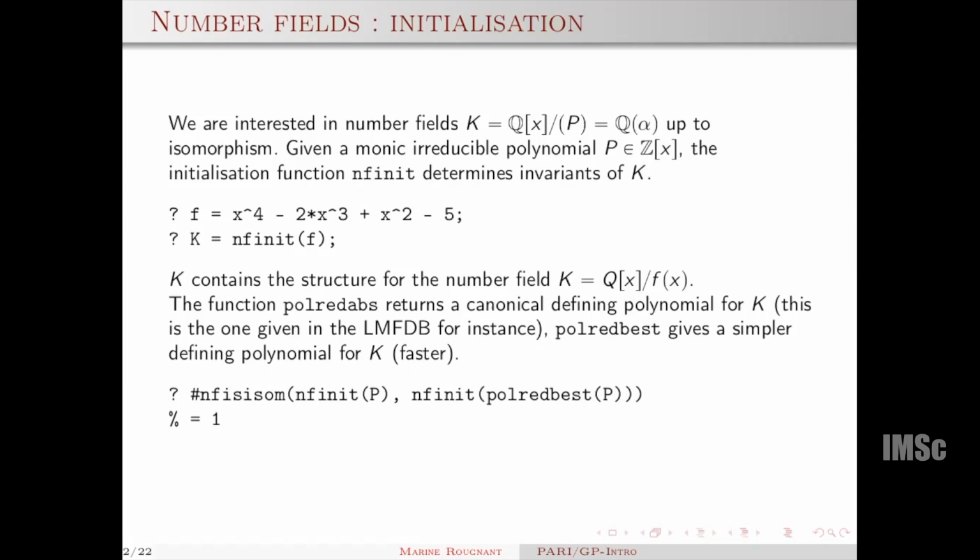Polredabs will return you a canonical polynomial, I mean the one used in the LMFDB database, but it may be a bit long. This function is faster, but maybe you will not have the canonical polynomial. It will be better, but not maybe the best one.